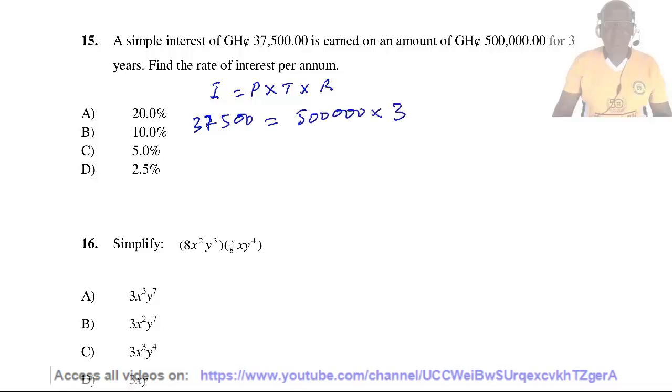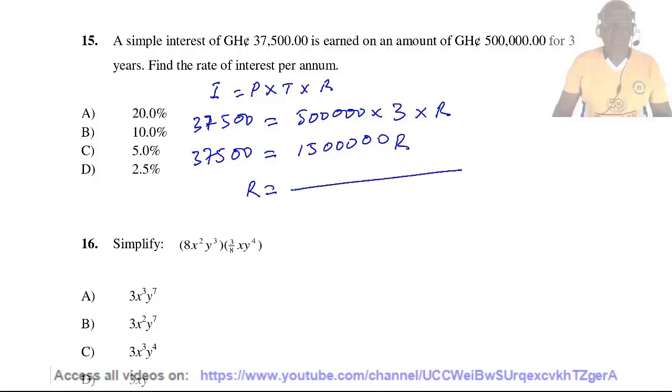The time is 3 years, and the rate is R. So 15, 1, 2, 3, 4, 5 equals 37,500 R. Therefore, R will be equal to 37,500 divided by 15, 1, 2, 3, 4, 5 to cancel out. 15 goes into this 1,000. 15 goes into this 25.